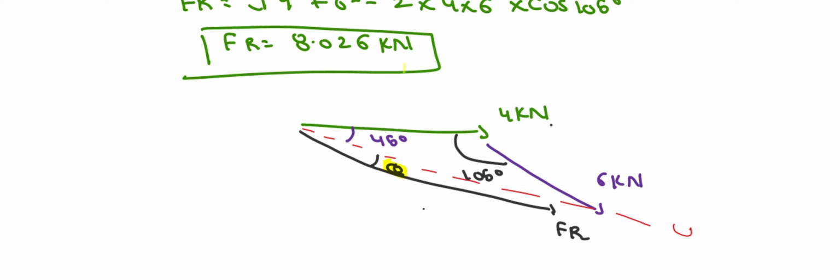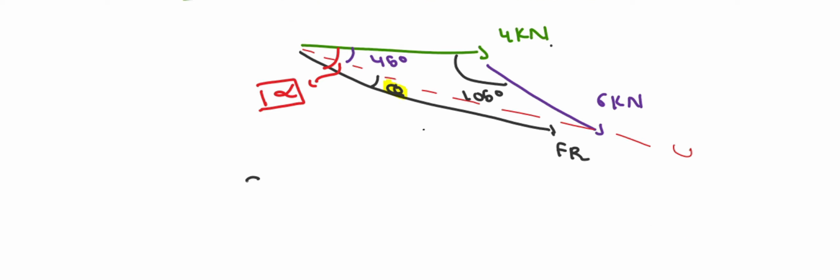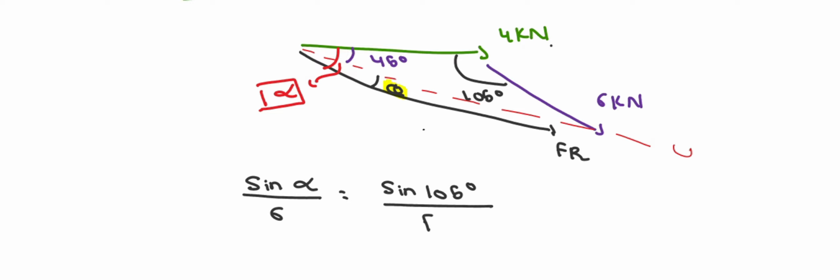Now if you add 45 degrees plus theta, you get this angle. Let's call this alpha. Now apply the law of sines to find the value of alpha. Sine alpha upon 6 is equal to sine 105 degrees upon Fr.